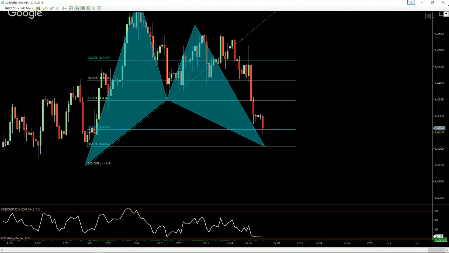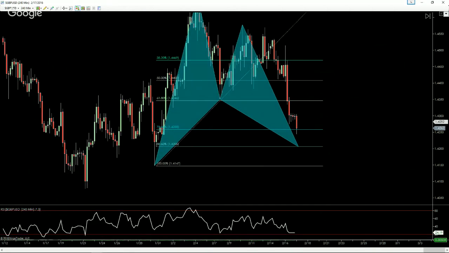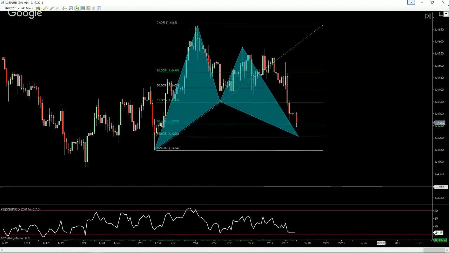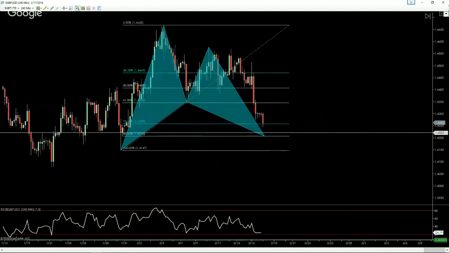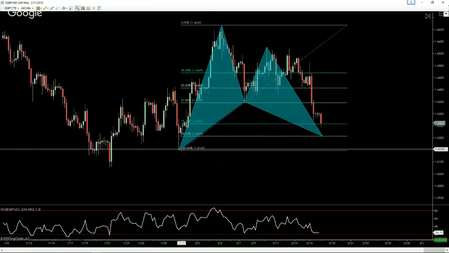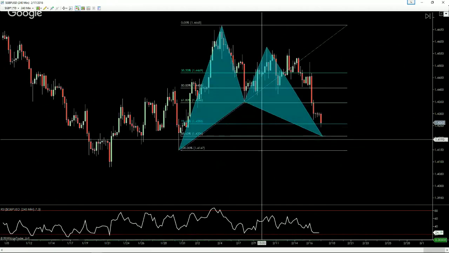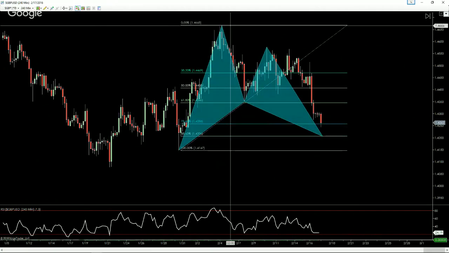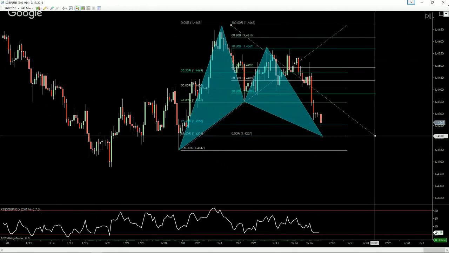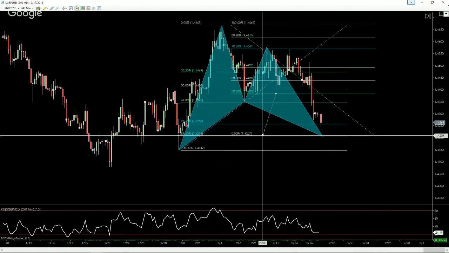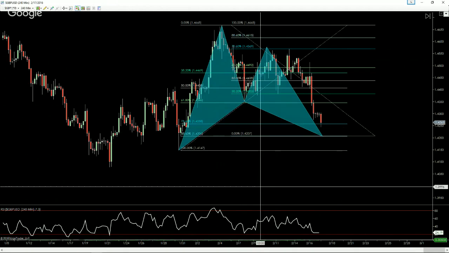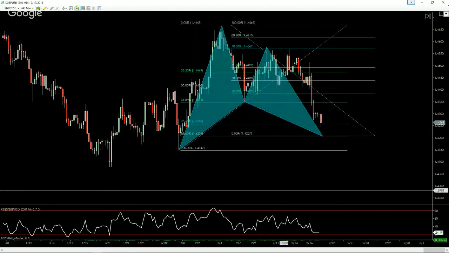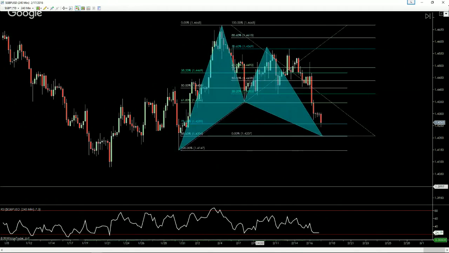So at completion, now one thing to be mindful of is that this specific pattern right here is actually a pretty big pattern. First targets on that is about 176.